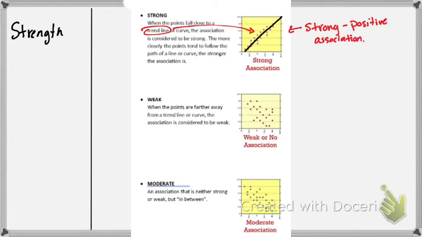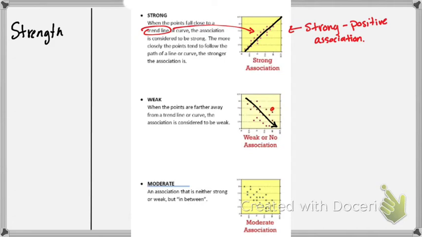When we look at the weak, the strength for weak is when the points are further away from the trend line or curve, the association is considered to be weak. So here, it's very hard to say. You can probably say that it has a negative association because we don't have points here or here, but it's very difficult to say whether it's going to be a positive or negative association, because those points are very far away from that trend line.